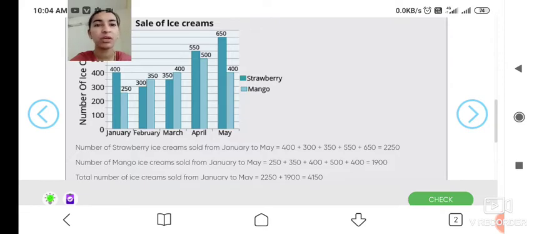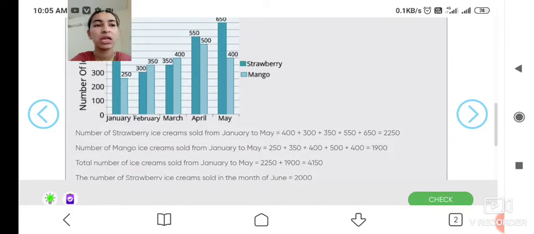Look at the faint color, and what number does it indicate? 250, 350, 400, 500 and 400, and take their addition, it is 900. Now the total ice cream sold from January to May, take their addition, 2250 plus 900, it is 4150.